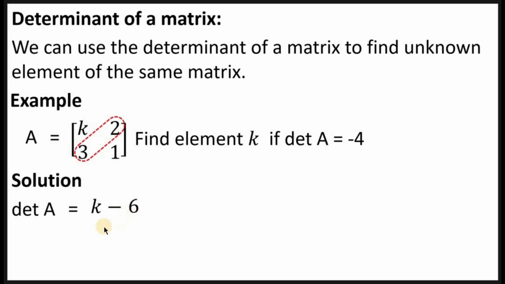After we do that, we realize determinant A is already provided. The determinant of matrix A is negative 4 here. So we replace it with negative 4, then equals K minus 6. Then this becomes an equation.